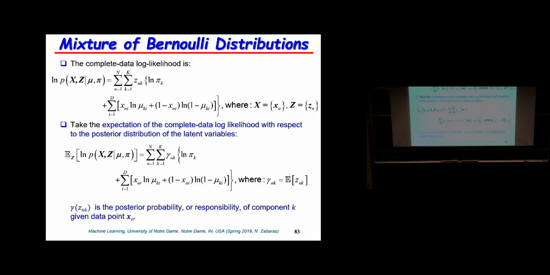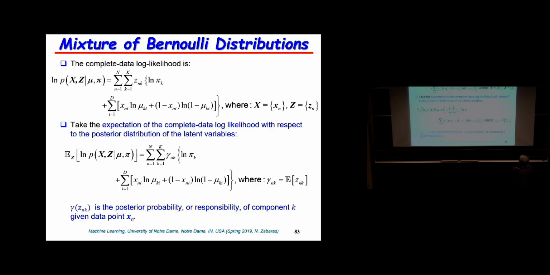Because each point x is what? It's a vector of d dimensions, and each component of that vector is what type of distribution? Each component of the d vector is what distribution? It's Bernoulli. All right? So basically this is what I have.